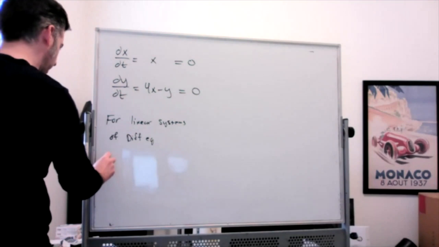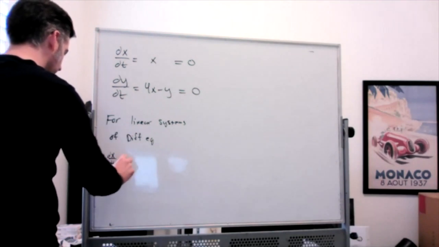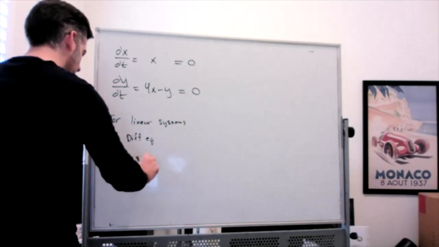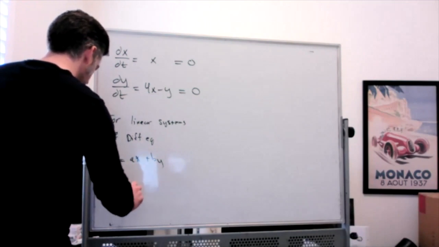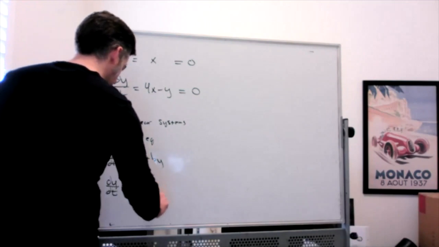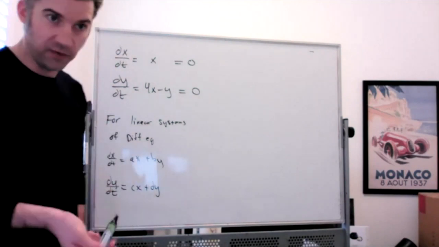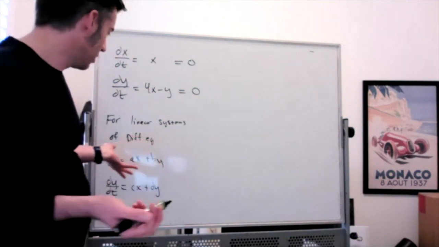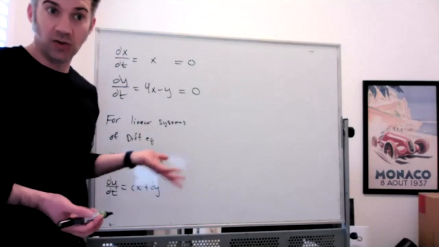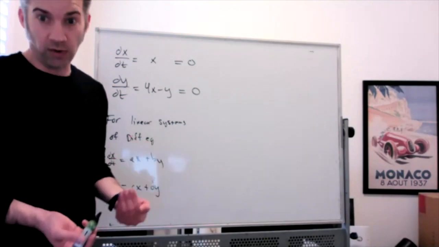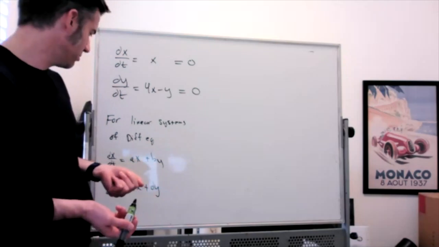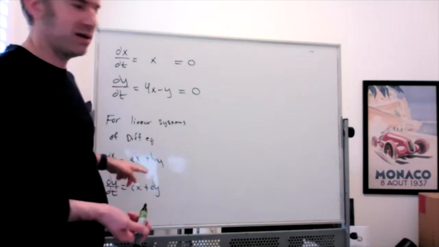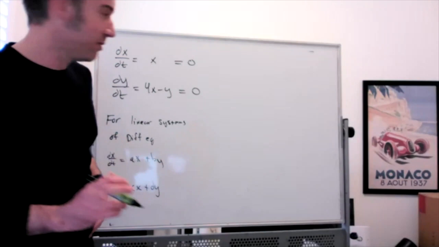So where we have something like dx/dt = ax + by, and dy/dt = cx + dy, where we just have coefficients of x and y and nothing else.